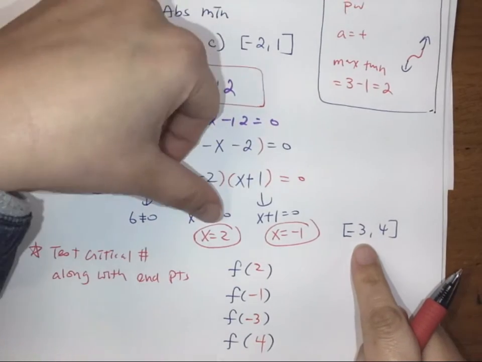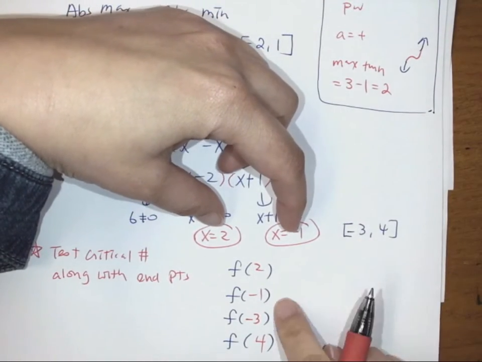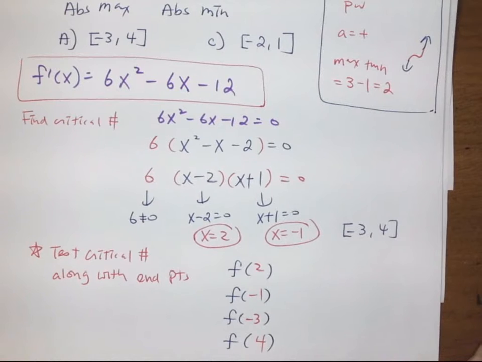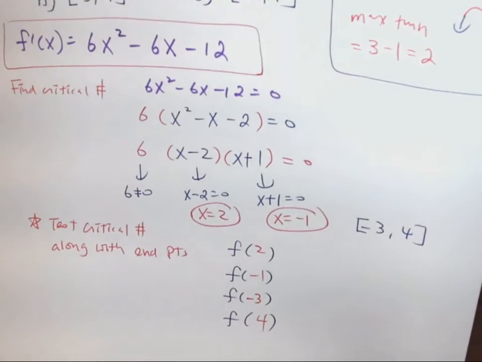And 2 and -1 are in this interval, so we have to use them.